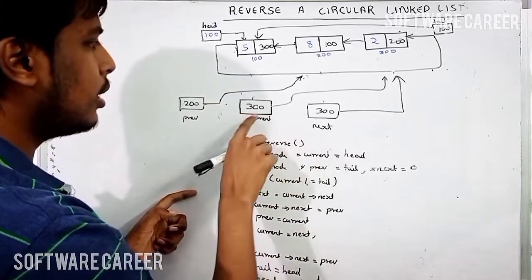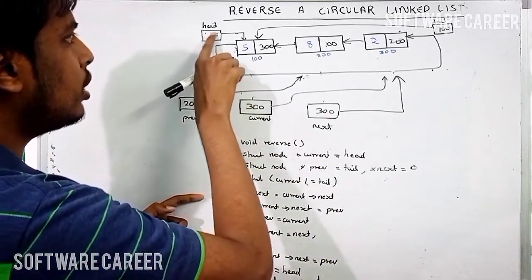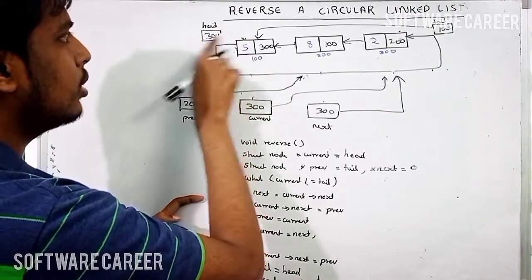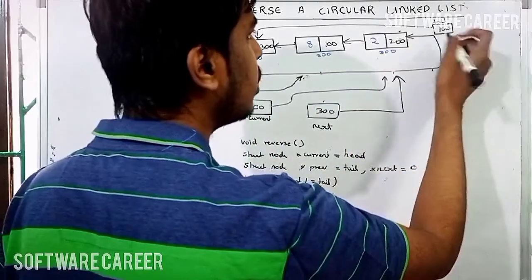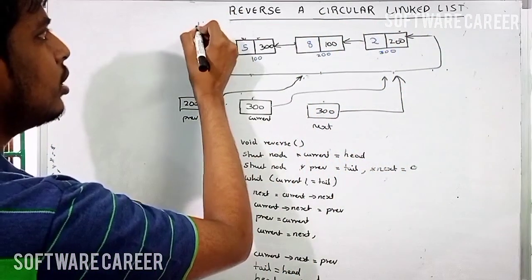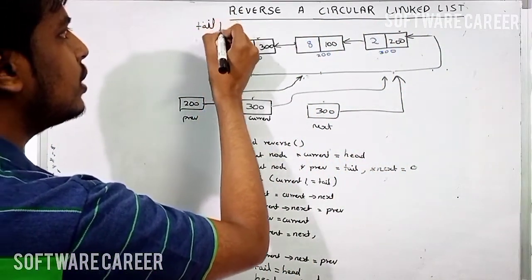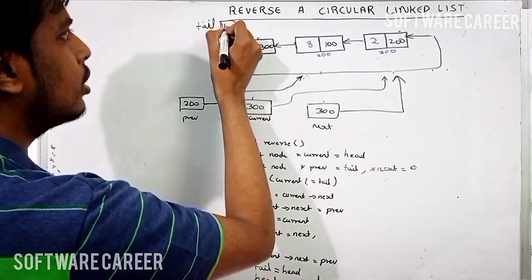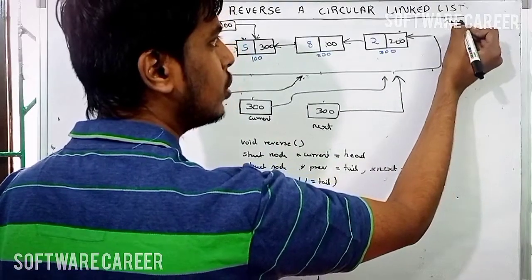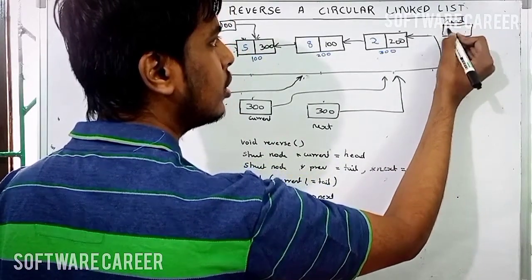Now current is 300, and 300 is stored in head. So this pointer gets cancelled and head is pointing here. I'll write clearly. Now tail is pointing to the first node, which is having address 100. Now head is pointing to the last node, which is having 300.